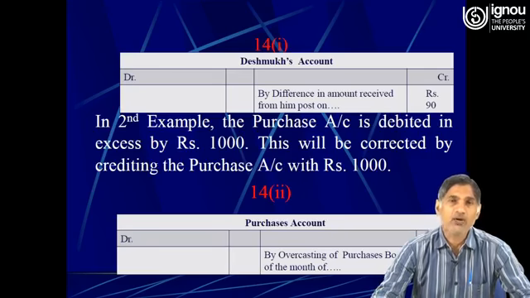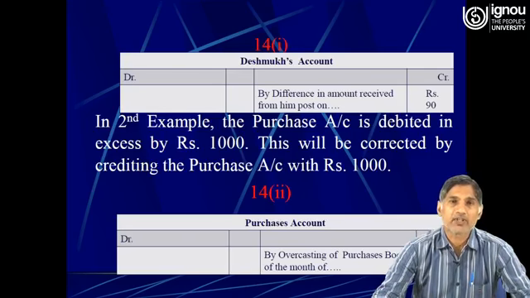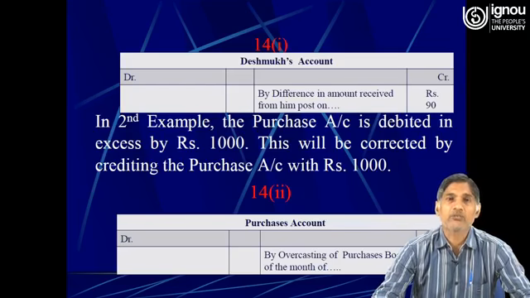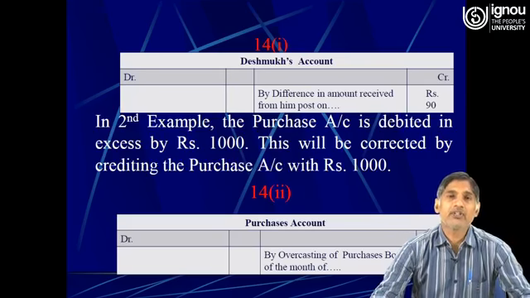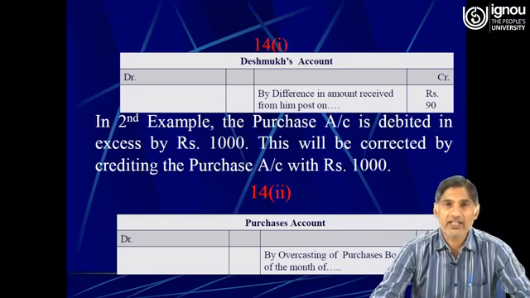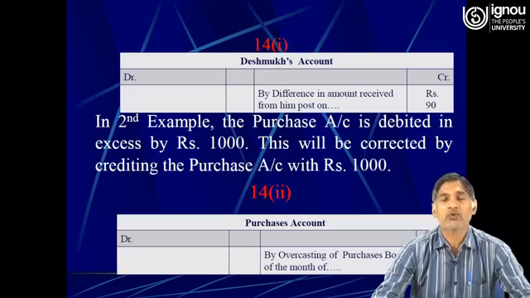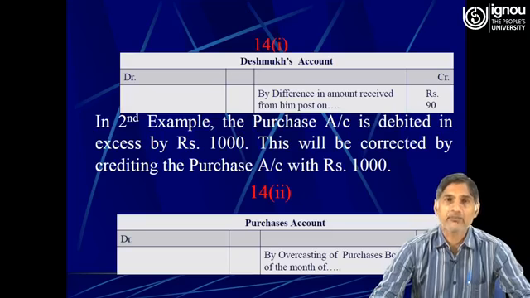Now the second example: the purchase account is debited in excess by rupees 1000. When, dear learners, we make the journal entry for purchases, generally we make purchases account debit to cash, or purchases account debit to supplier if the purchase has been made on credit basis.